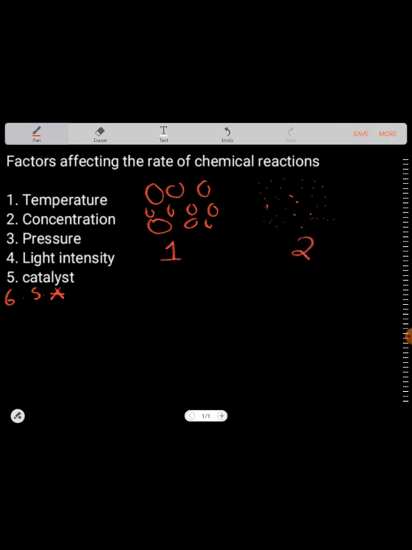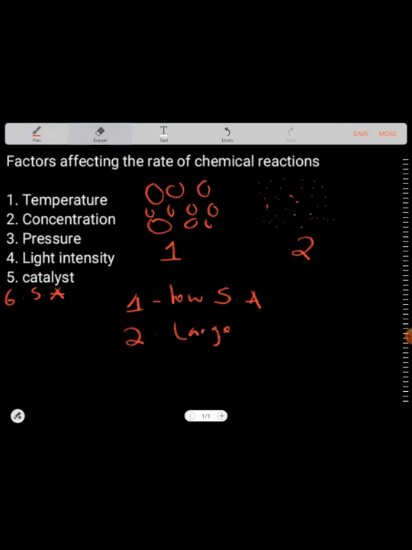You discover that 1 has a low surface area, while 2 has a large surface area.